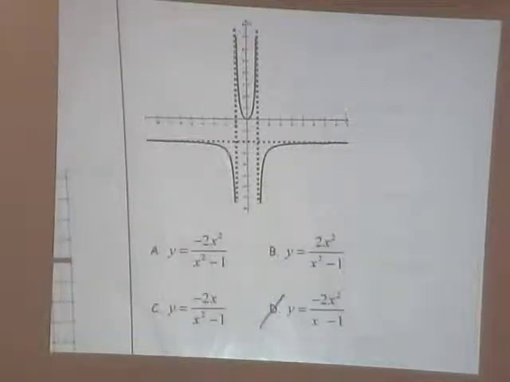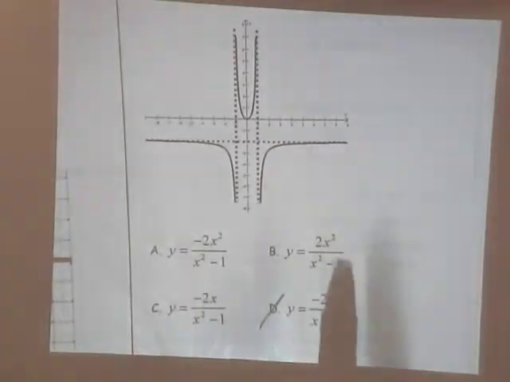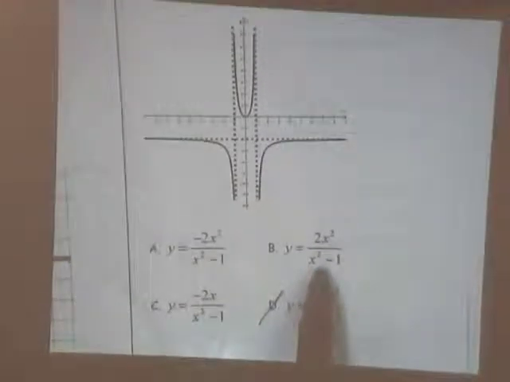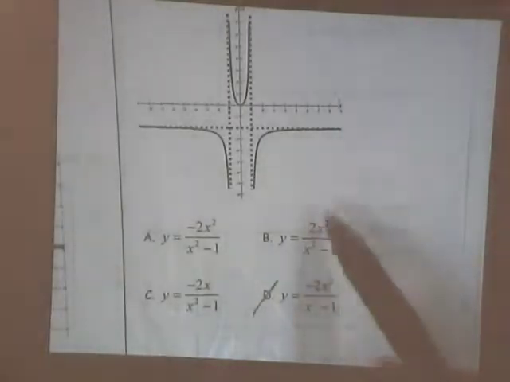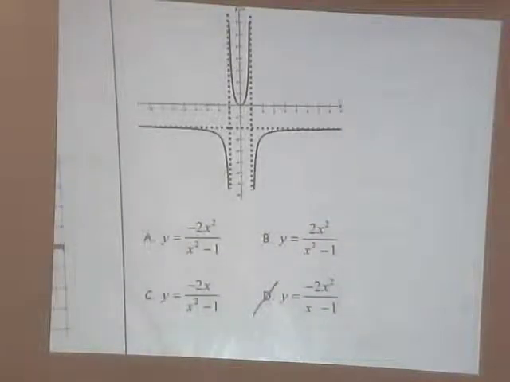What's my horizontal asymptote? Y equals -2, right? What would the horizontal asymptote be for B? The degrees are the same, so we go by the leading coefficients to find a horizontal asymptote, right? +2.